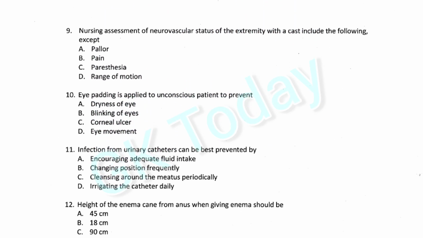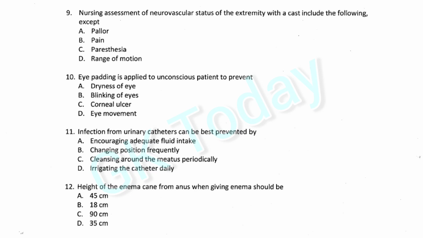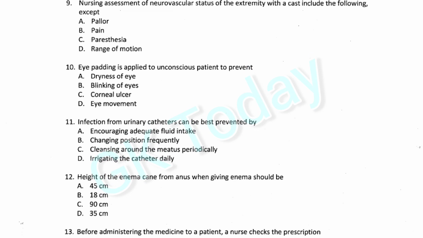Question number 9, nursing assessment of neurovascular status of the extremity with a cast include the following? Correct answer is option D, except range of motion.